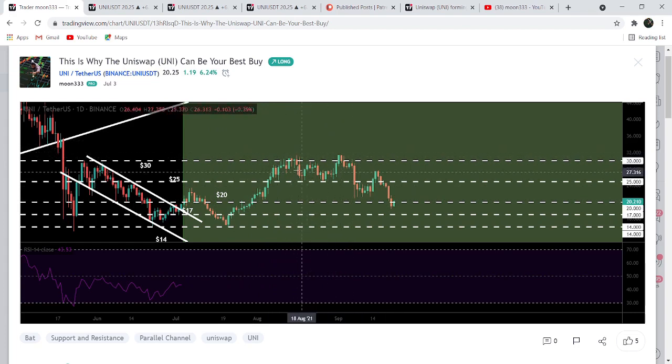Very strongly rejected. You can see the price action tried hard to break out for several days. This is the daily time frame chart, and it moved between the 30 to 25 support and resistance levels, but eventually it moved down, and right now it is at the support of $20 again.